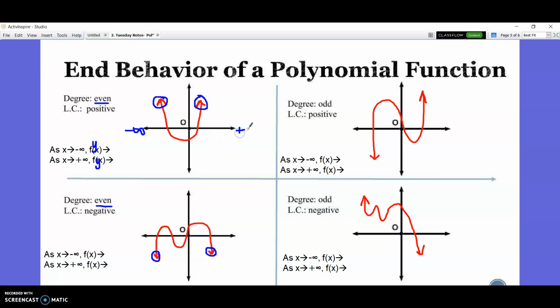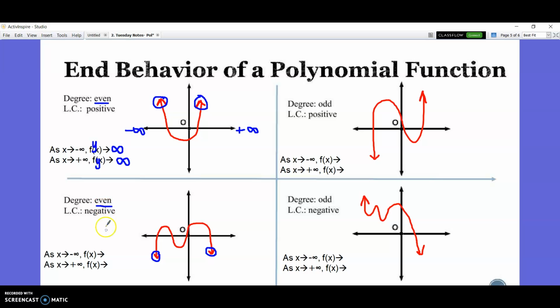This is where positive infinity is. So as x goes to negative infinity, y, which is my graph, is going up. And up is also positive infinity. As x goes to positive infinity, on the right side here, my arrow is going up, so that is also going to positive infinity.